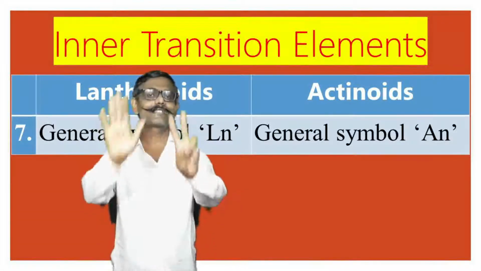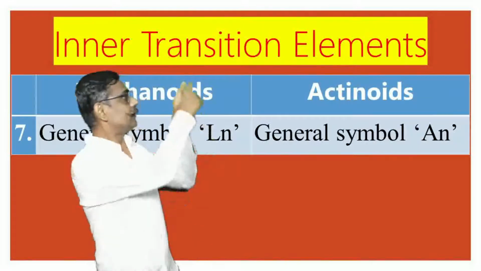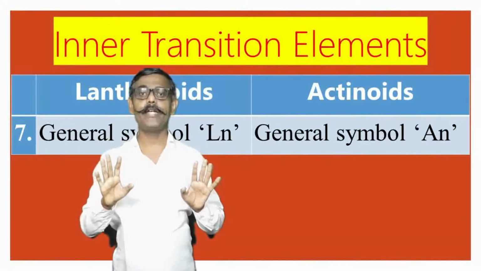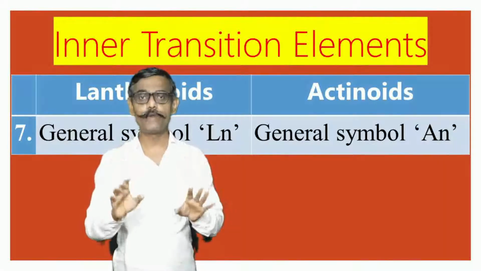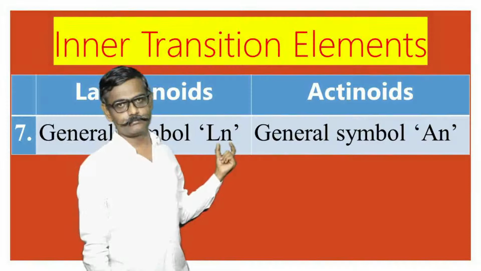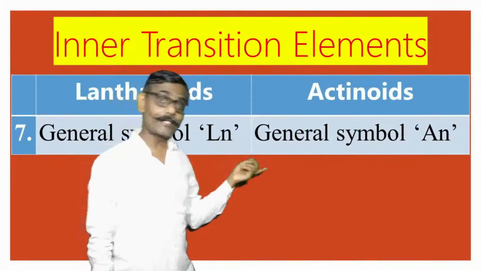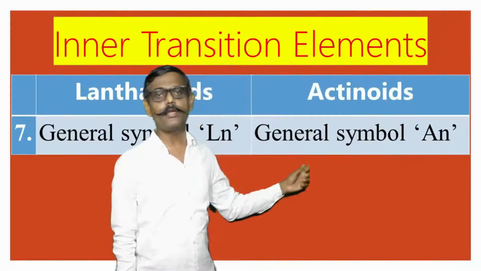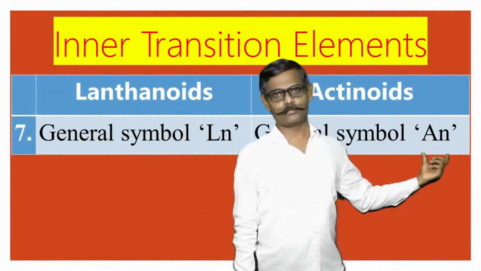Now point number 7: lanthanoids are generally represented by the symbol Ln, and actinoids or actinons by the symbol An.